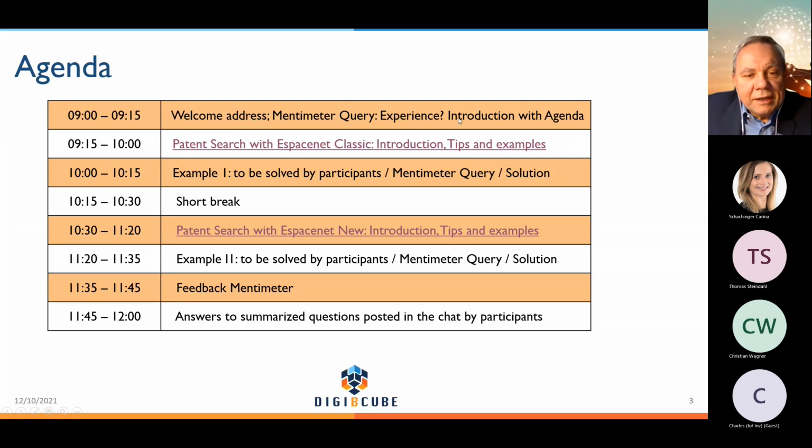introduce you to the agenda. So we will start with dealing with patent search with Espacenet Classic, because I have to say that there are these two versions. Espacenet Classic is still ongoing, but you may expect that over the years it will be shut down, and so you should also get acquainted with Espacenet New.